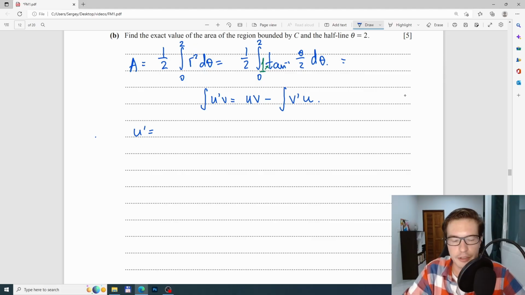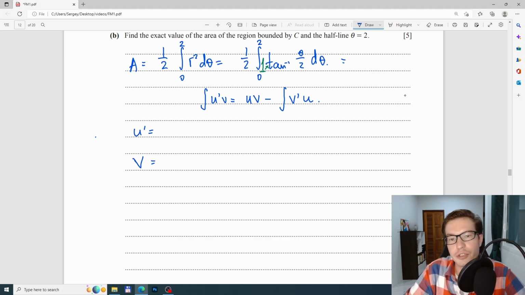Now, again, if we look at the formula for integration by parts, we can see that we should find v derivative, and we'll actually have to integrate u derivative to get u. So that means u derivative should be easy to integrate, and v should ideally be more or less easy to differentiate.